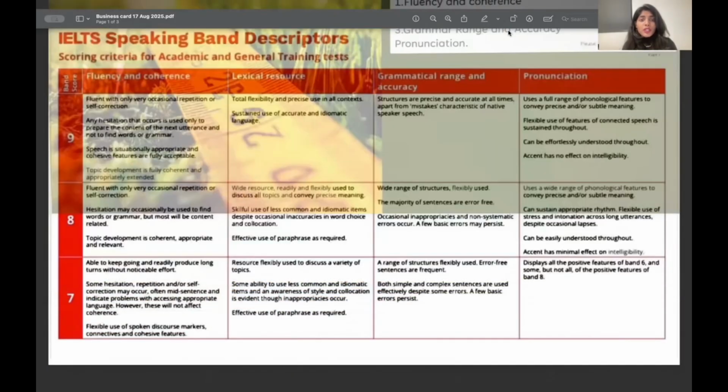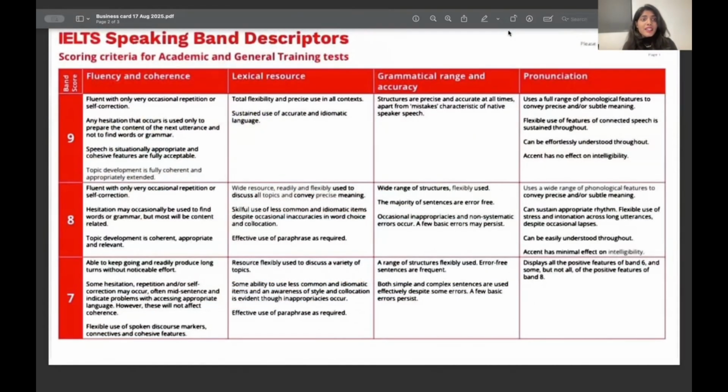These are the scoring criteria for the academic and general training tests, which are the band descriptors for IELTS speaking. It depends on fluency and coherence, lexical resources, grammatical range and accuracy, and pronunciation. It gives all the descriptors with which an individual can score Band 9, Band 8, and Band 7.